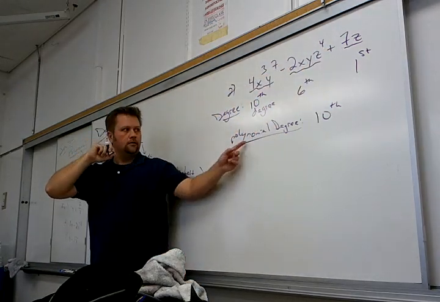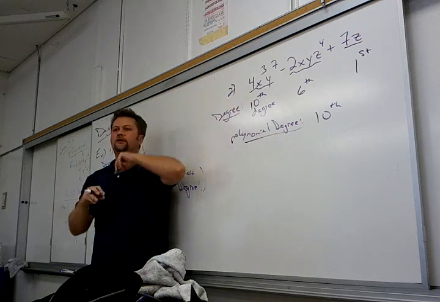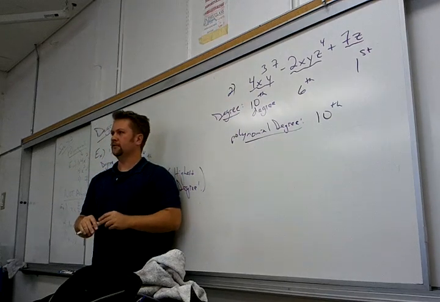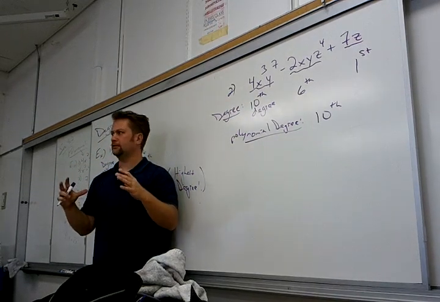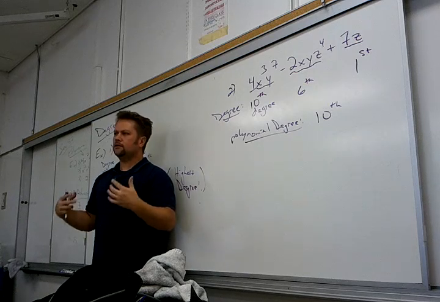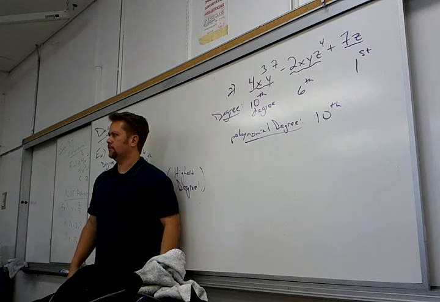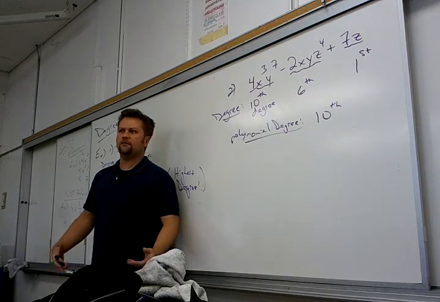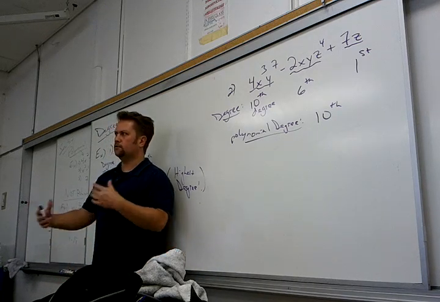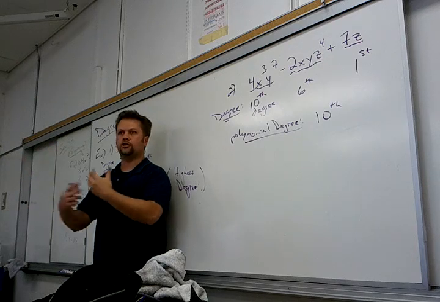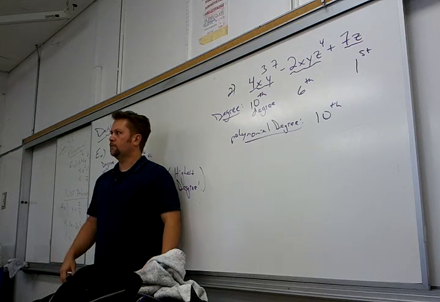A trinomial, 10th degree. A 10th degree trinomial, if you want to be very technical. These are very simple, but people get a little lost in these definitions sometimes. I want you to understand there's a reason we have these definitions, so that we mathematicians and you can talk to each other quickly about something.